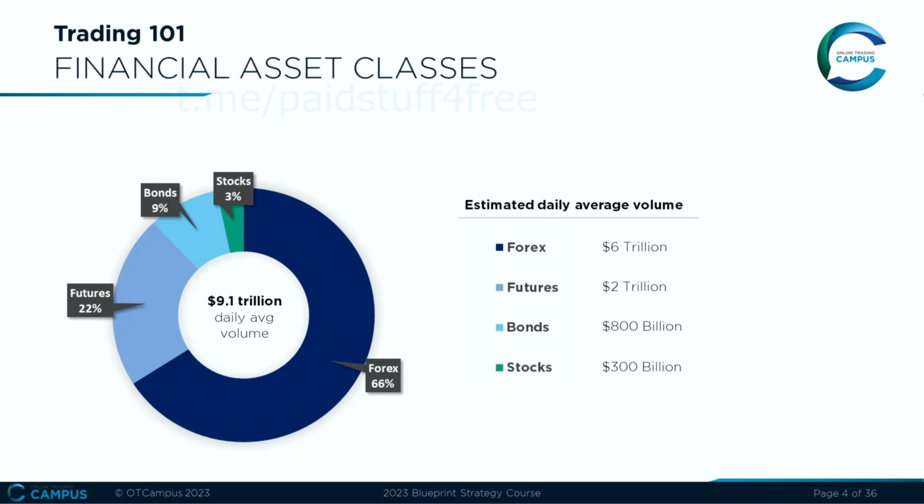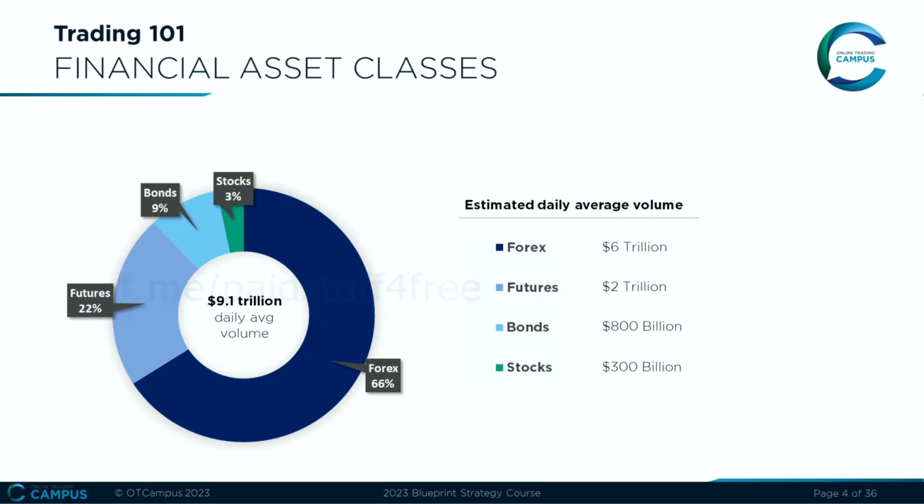So there are 4 large asset classes. These include the Forex market, the stock market, the futures market, and the bond market. Now, the foreign exchange market, or the Forex market, is a decentralized market.